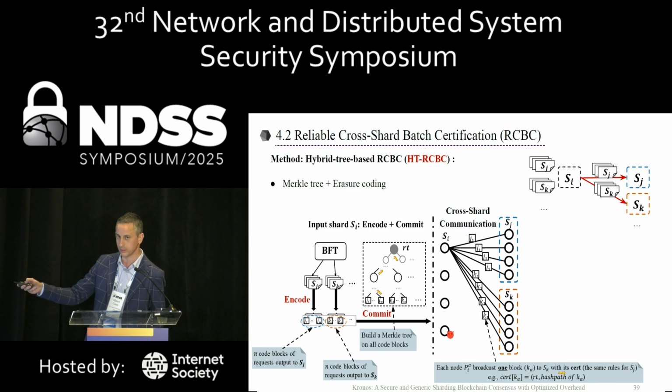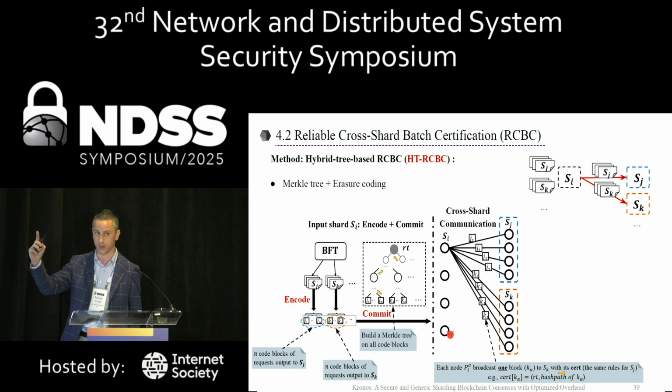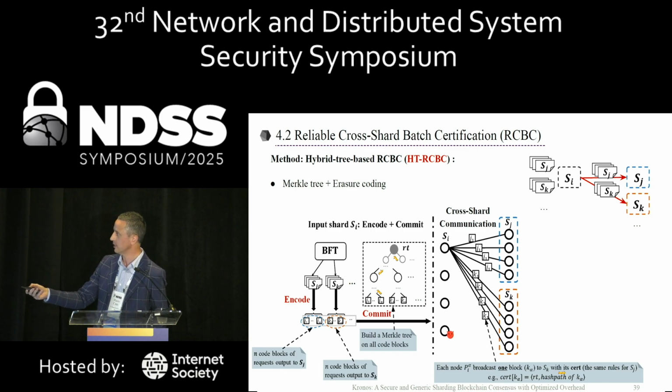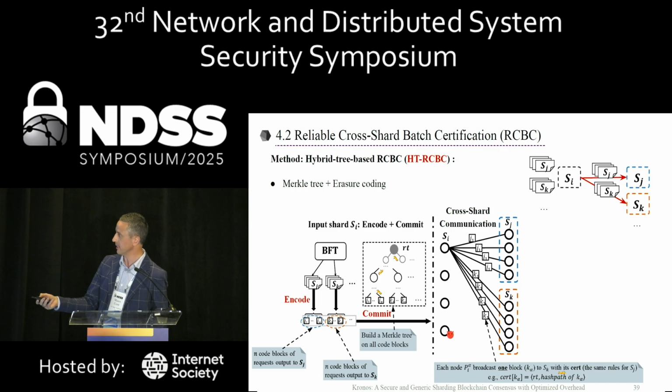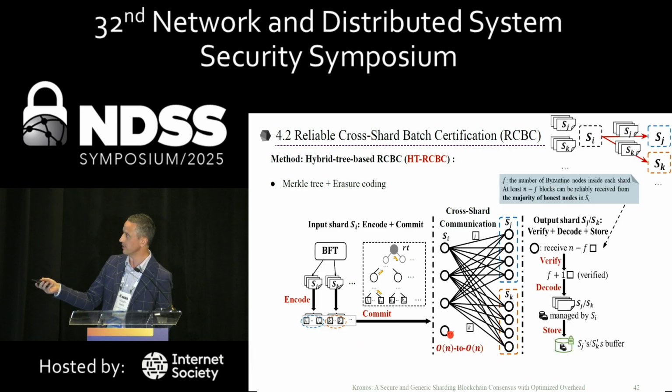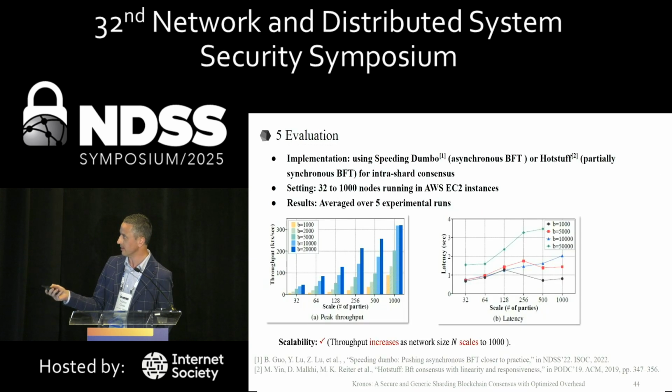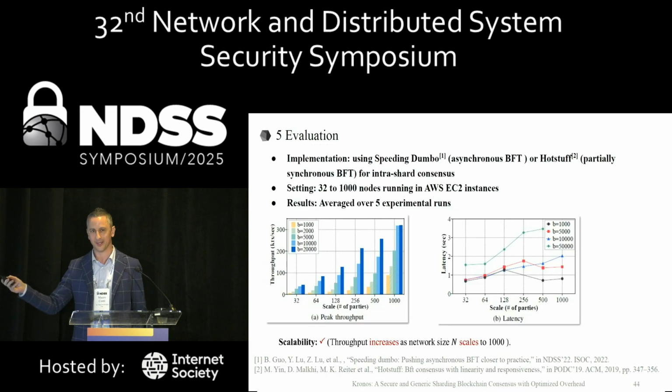So each node is responsible for sending only one block, and this is the optimization, to all the receiving nodes, together with a proof, which will be the off-path of the hash of the Merkle tree. This will allow verification on the receiver side, and reconstruction of the transaction and the buffer.